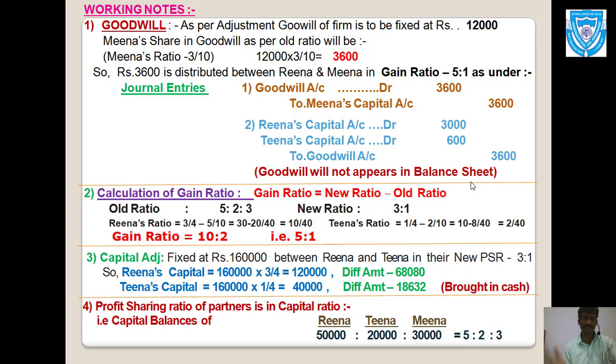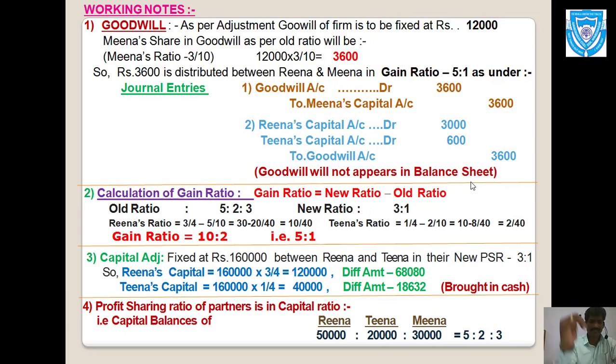That means an adjustment of rupees 3,600, that is goodwill, is to be made. And it is also further said that rupees 3,600, that means goodwill, is to be adjusted between remaining partners Reena and Tina in their gain ratio. The gain ratio is 5:1.